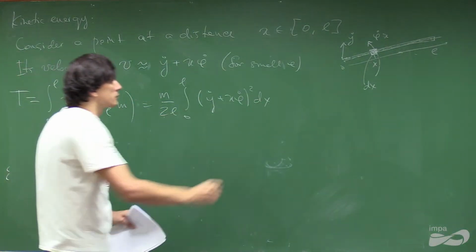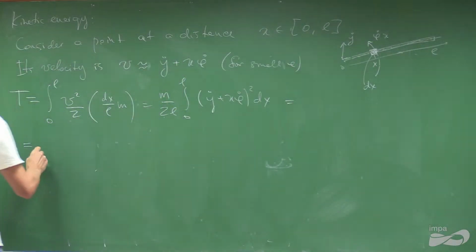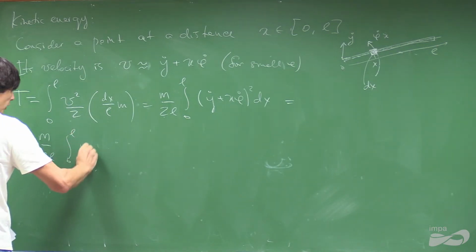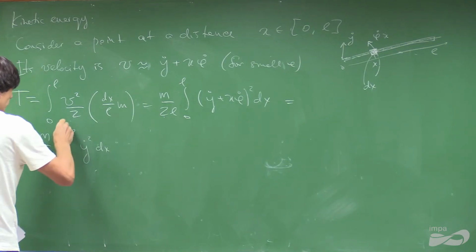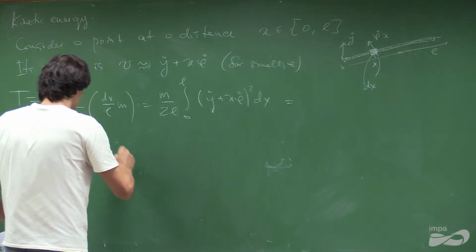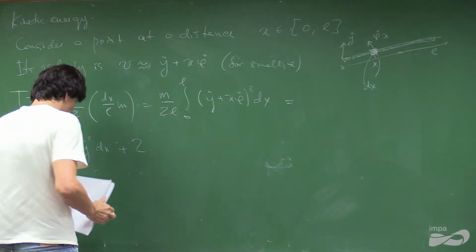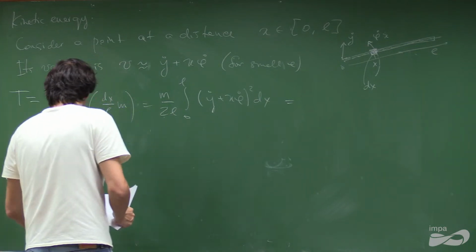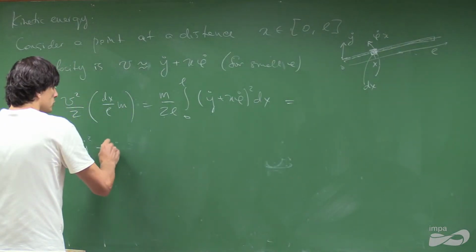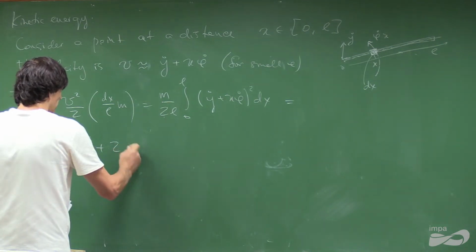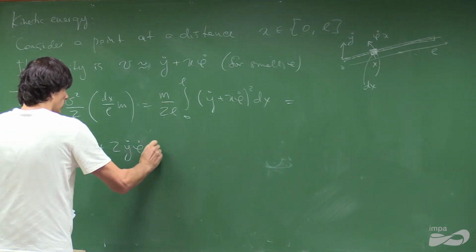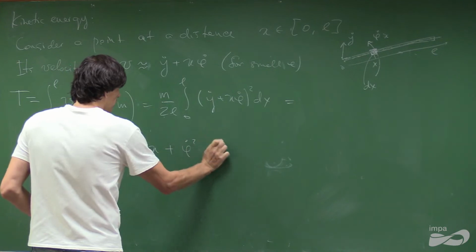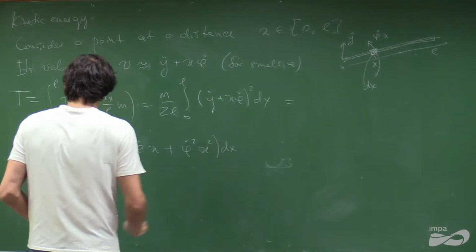So open the parentheses: it would be y dot squared dx, plus 2 y dot phi dot x, plus phi dot squared x squared dx.